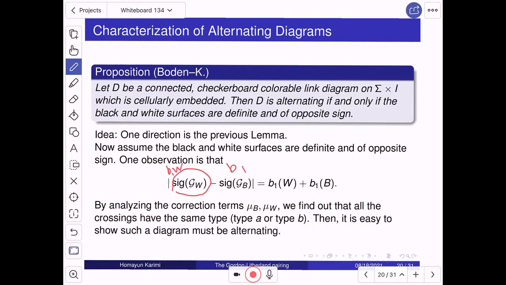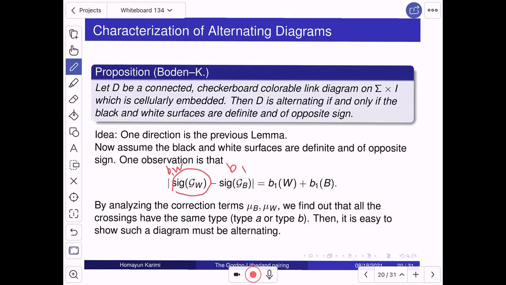So the difference between signatures is the sum of the first Betti numbers of the two surfaces. Then you do a bit of work by analyzing the correction terms, and if you do that, you realize that all the crossings should have the same type, either type A or type B.